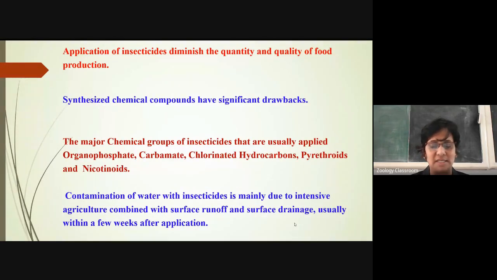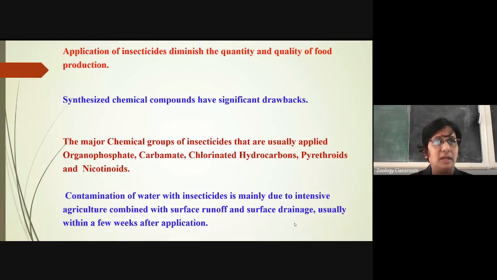Most of the time these insecticides are used to kill insects, as they destroy various crops also. And it causes the contamination of surface waters.